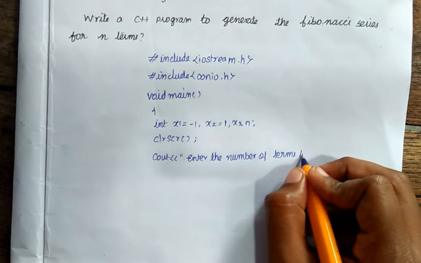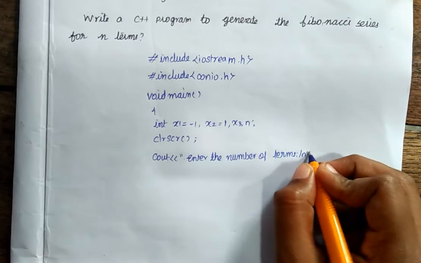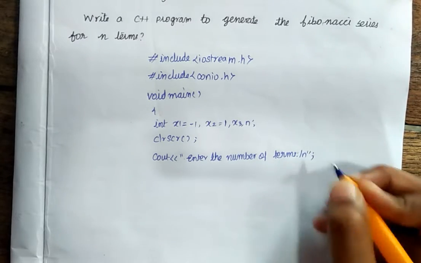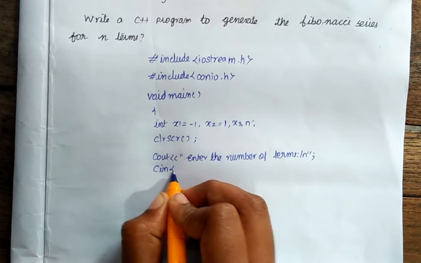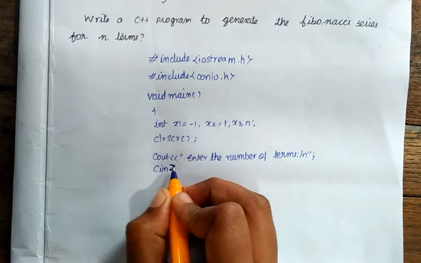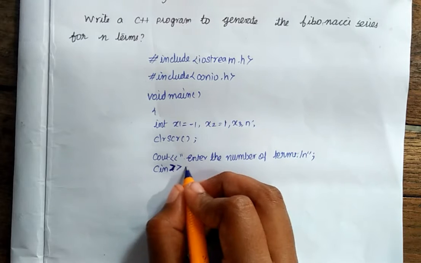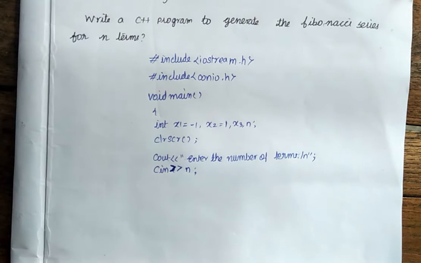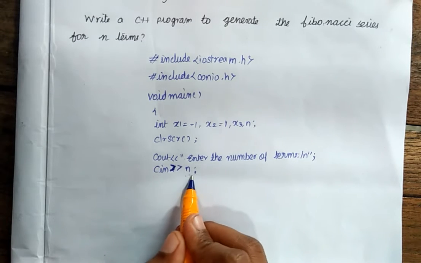Then get an input from cin. This is for cout and this is for cin. The variable which can be given by the user is the n variable, so put it in n.